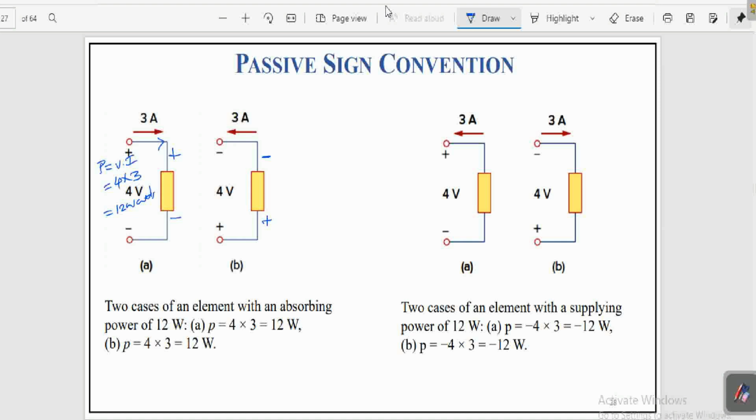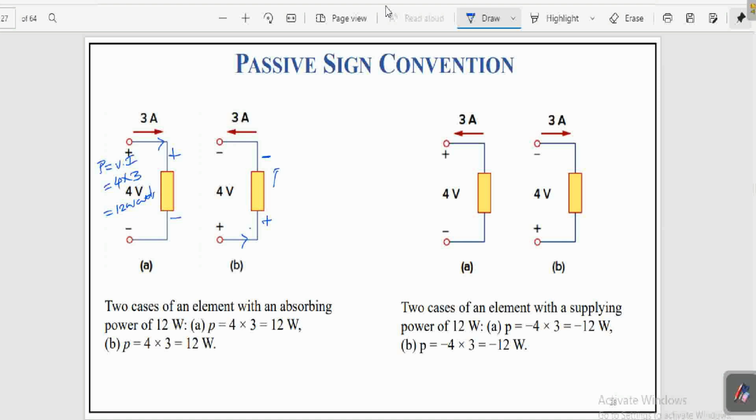The 3 amps current is leaving from the negative terminal, which is nothing but entering into the positive terminal. So this circuit also obeys the passive sign convention. What is the passive sign convention? Current enters into the positive polarity of voltage across the element. That is the passive sign convention.